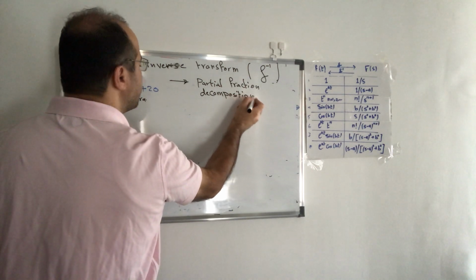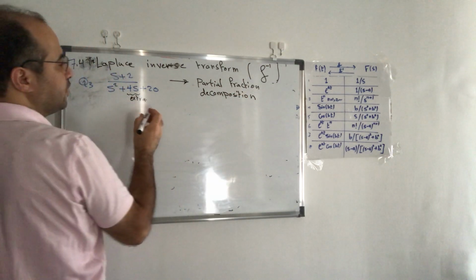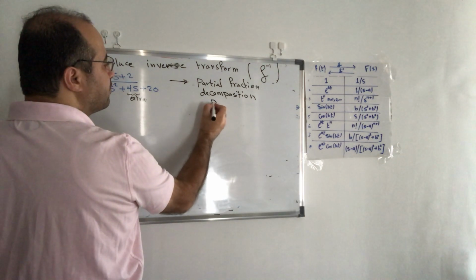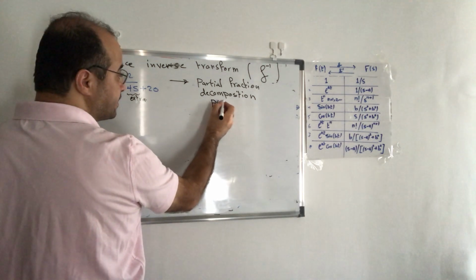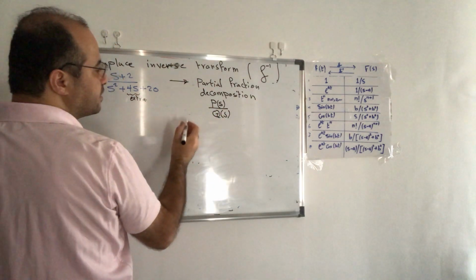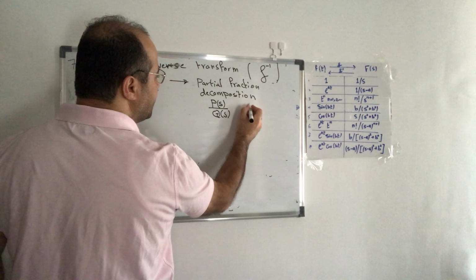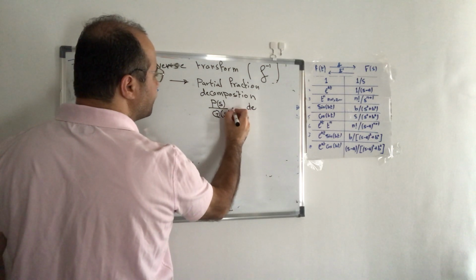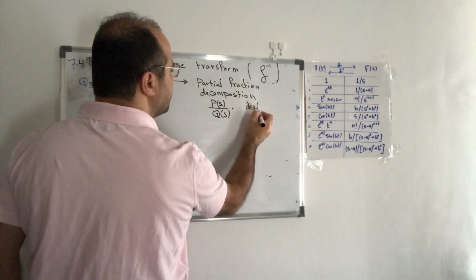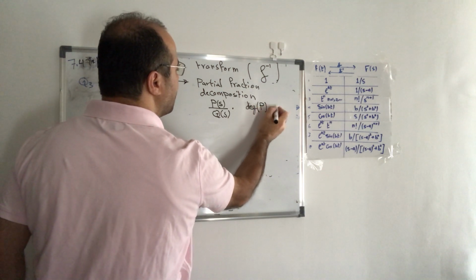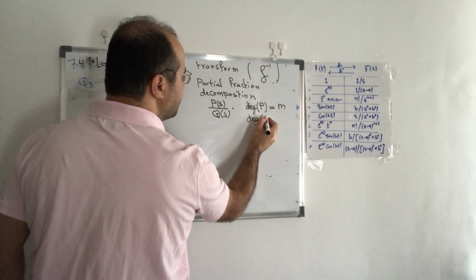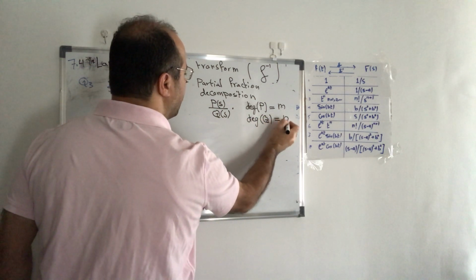I will explain this in detail, but I'm going to tell you here what the partial fraction decomposition is. It says if you have p of s over q of s, then you look at the degree, with degree of p equal m, and degree of q equal n.